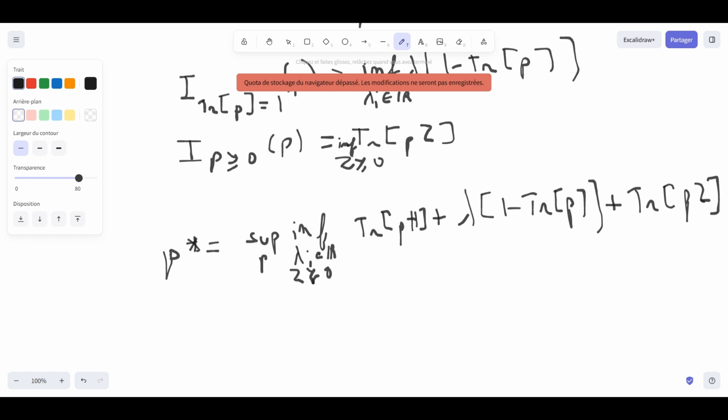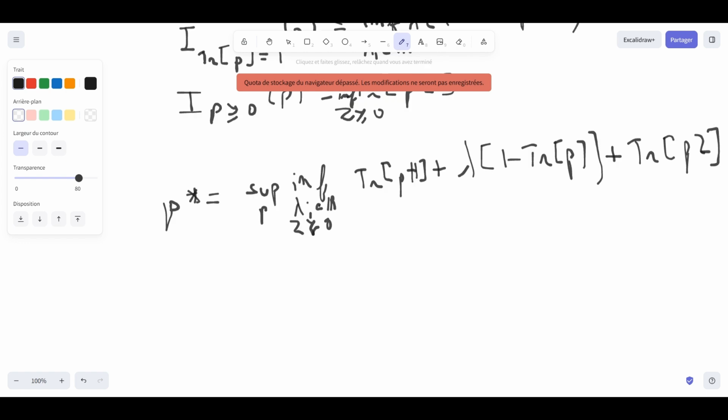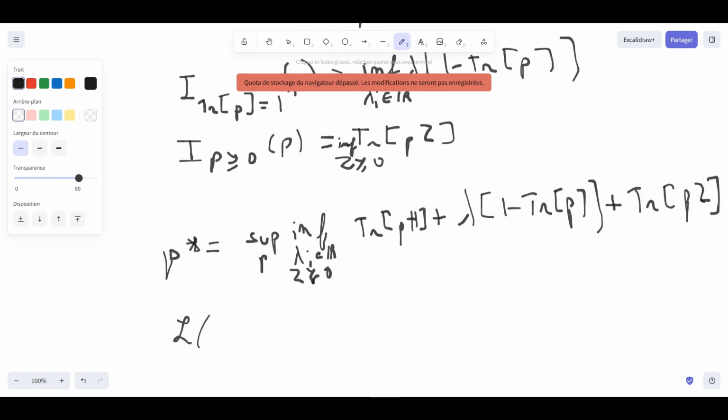So after this we have that the Lagrangian is just this: for P, lambda, and Z, we have trace of PH plus lambda multiplied by 1 minus trace of P.